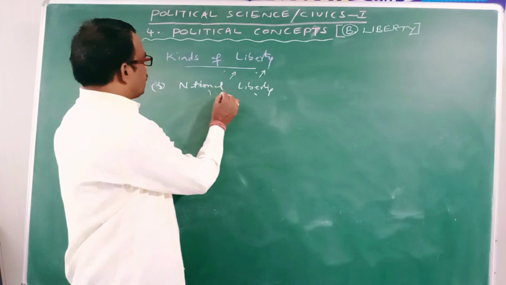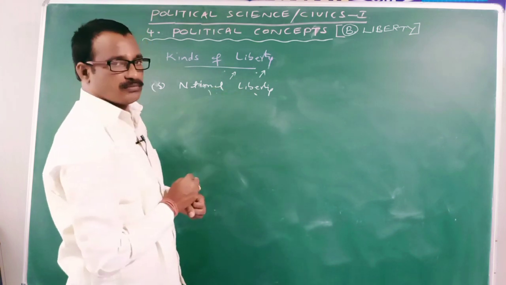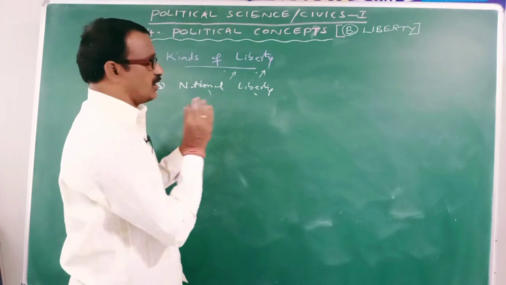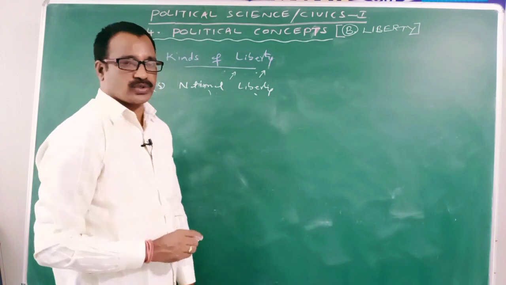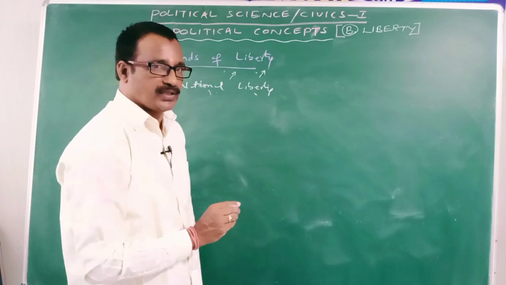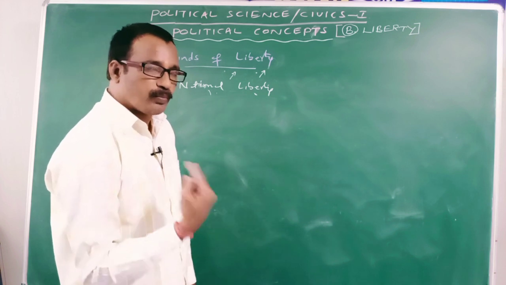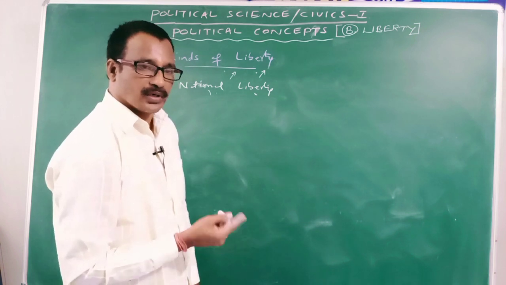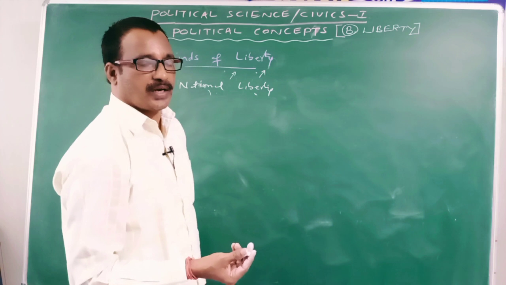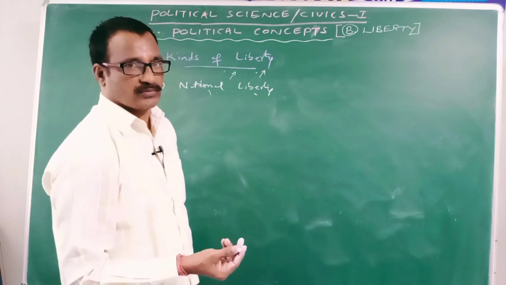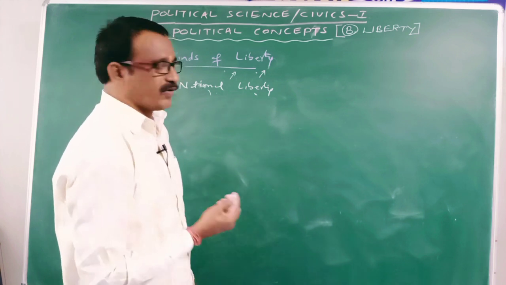For example, if the state has national liberty, then there is scope for constitutional law. When there is constitutional law, the people will enjoy the liberty in the form of rights. Who will provide the rights to the individuals? Constitution will provide the rights. Then the people can develop.